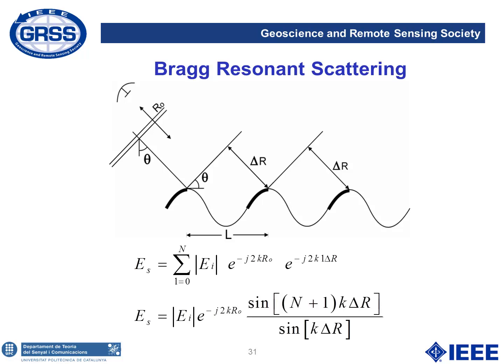Another situation that occurs when we observe natural surfaces is that, in some cases, the surface has strong periodicities. This is the case, for example, of a cultivated area, or certain sea waves with strong periodicities. In this case, the echo signal, or the signal reflected, is actually a combination of the individual reflections of several wave crests, like these ones depicted here.